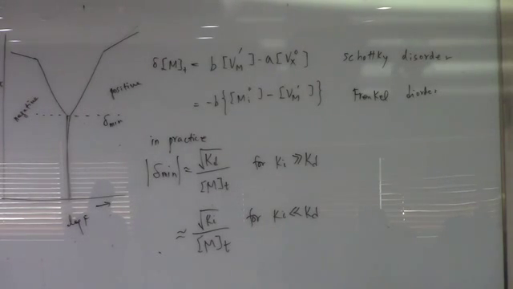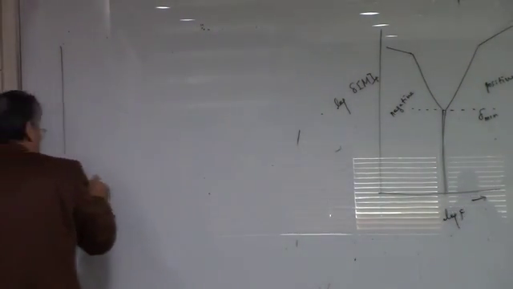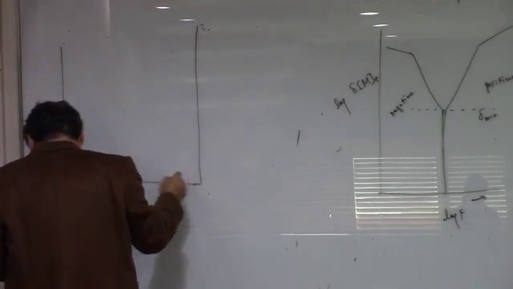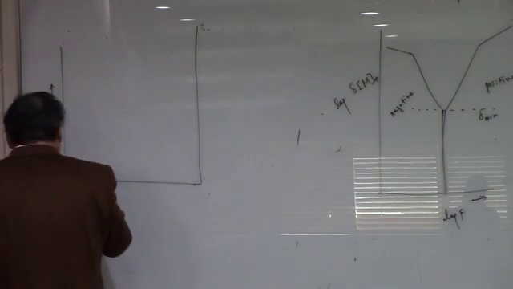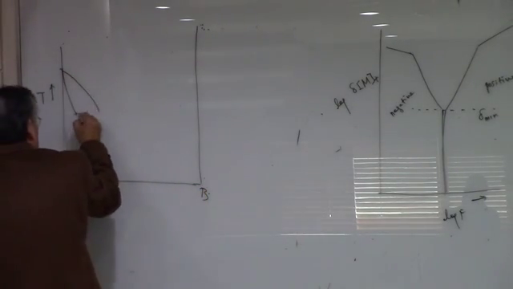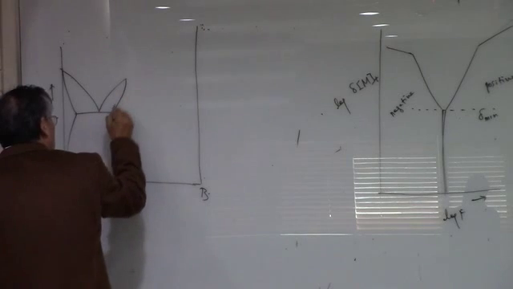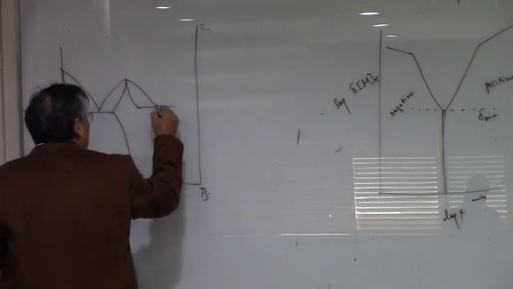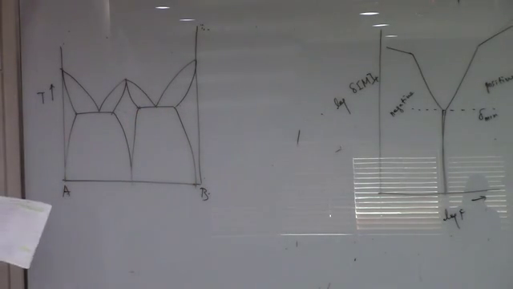Let's see, if we have a phase diagram of the material, and the phase diagram is going to look like this. Of course, this is temperature, and this is the elements A and B. Let's just think of this phase diagram.